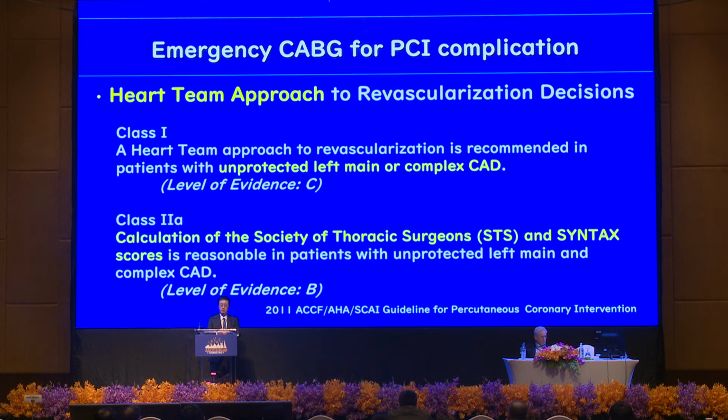And also the class 2A indication is to calculate the risk of surgery by the STS or SYNTAX score, and then decide whether the patient goes to surgery or coronary intervention.